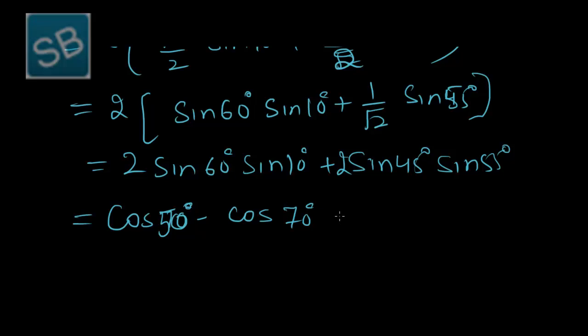Again here it becomes cos (45 degree minus 55 degree), cos of minus 10 degree, that is cos 10 degree, minus cos (c plus d), that is cos 100 degree.